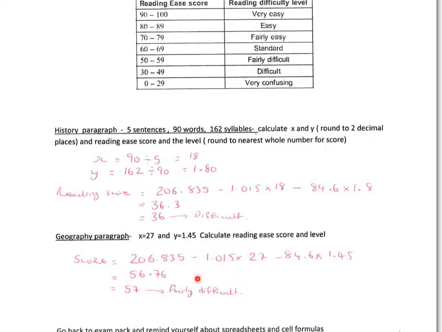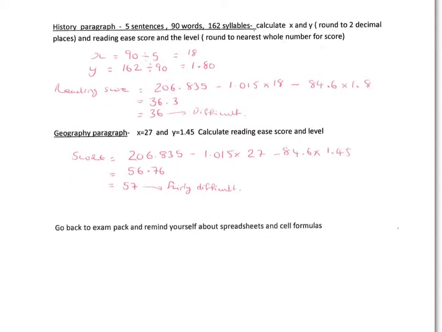This is the answer. I've rounded it off to the nearest whole number, 57, and again, looking it up on the table, that would be fairly difficult. If you want further practice, go back to the questions you were given earlier last week, and there's a spreadsheet for you to fill in.